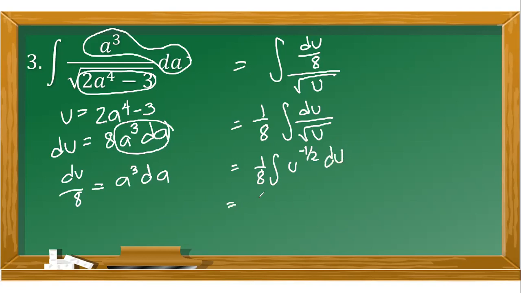Get the integral: 1 over 8 times u raised to negative 1/2 plus 1, negative 1/2 plus 1 is positive 1/2, all over 1/2.